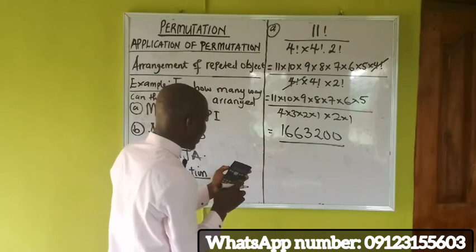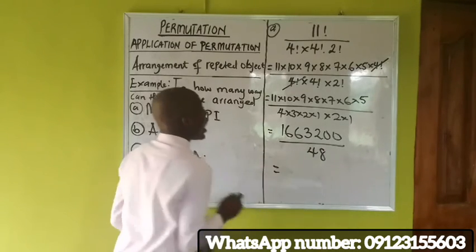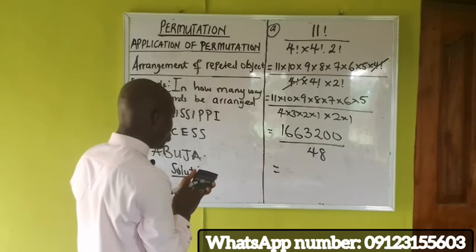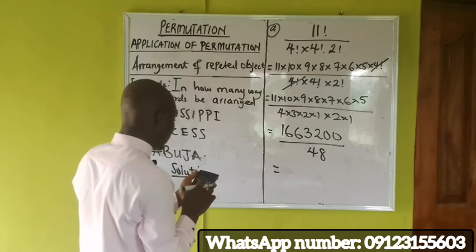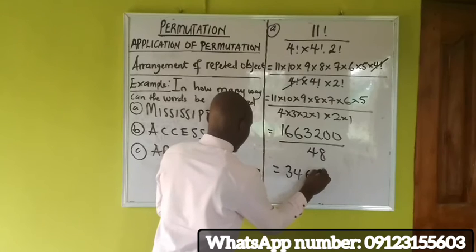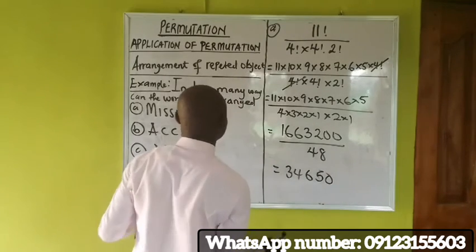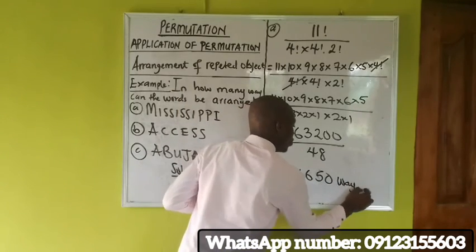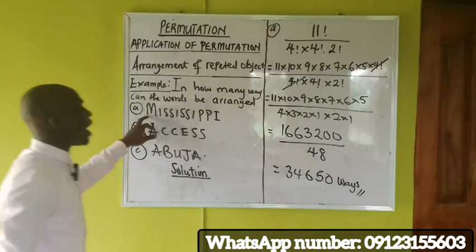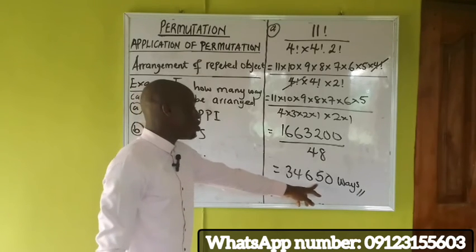So if I divide numerator by denominator, I will have 1663200 divided by 48, which is 34650 ways. So Mississippi can be arranged in 34,650 ways.